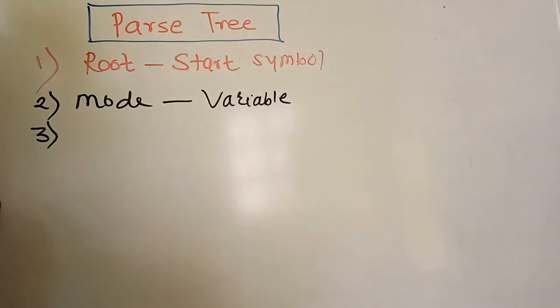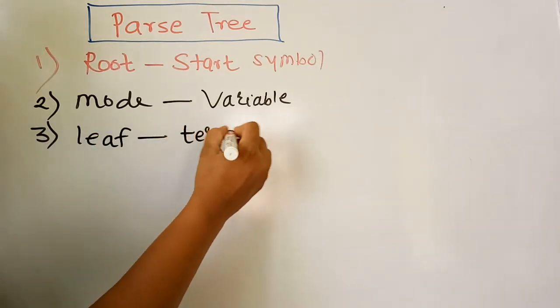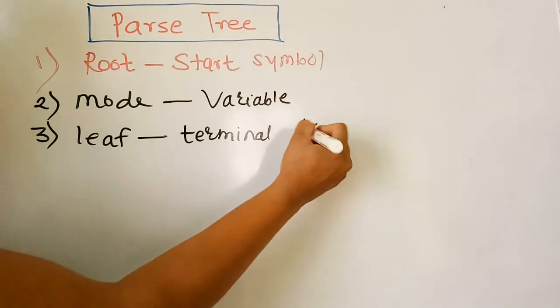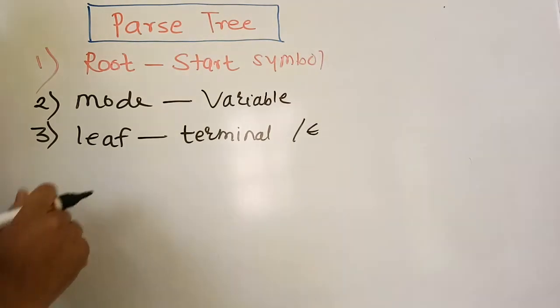Third is, each leaf node is represented by a terminal or epsilon. A leaf should be only a terminal or epsilon. So keep in mind these three things while designing the parse tree.